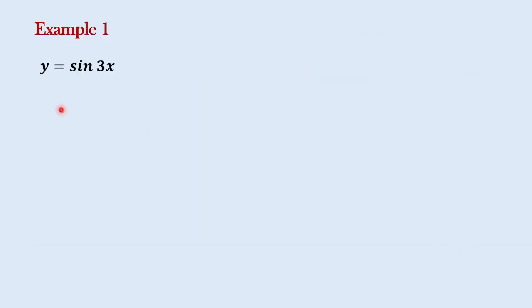Let's say we have y is equal to sine 3x. So remember that the derivative of sine u is equal to cosine u times du/dx. And in our case, u is 3x.